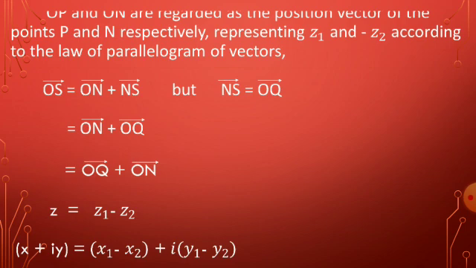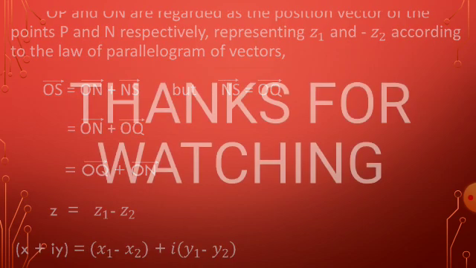But Z is equal to x plus iy and Z1 minus Z2 is x1 minus x2, then plus i times y1 minus y2.